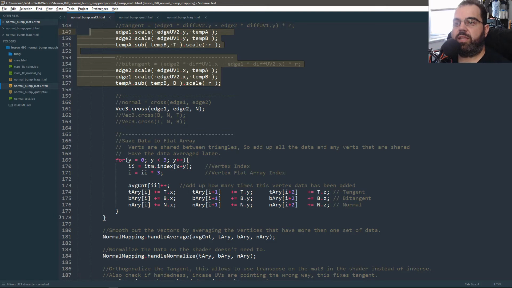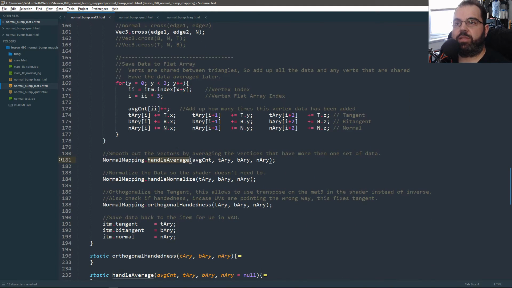So because of that, we're just going to add up everything, and we're going to keep track of how much for that vertice we have, because then we're going to do the average. So once we're done calculating all the tangents and bitangents and the normals, we're going to have to go and then average it all out. So that's why we have the average count. So that's why we're just adding it all together, because vertices are shared.